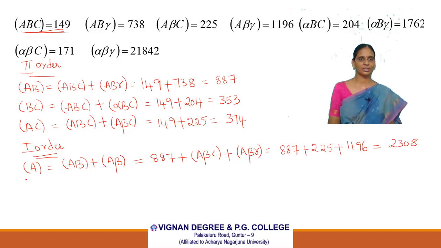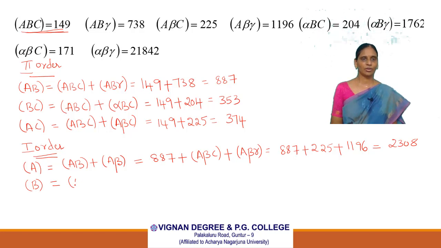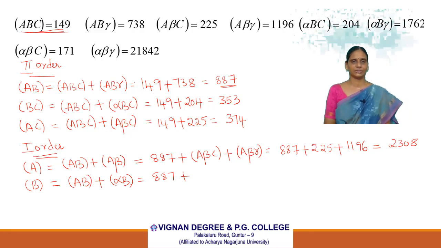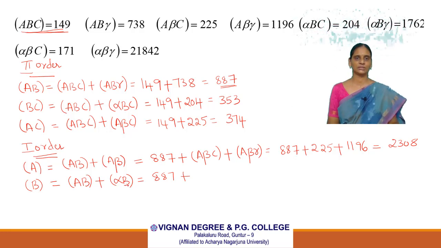And next, first order positive class frequency is frequency of B. This is equal to frequency of AB plus frequency of alpha B. Again, frequency of AB value is 887 plus frequency of alpha B. So this is the second order class frequency.